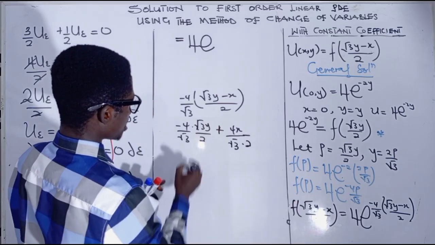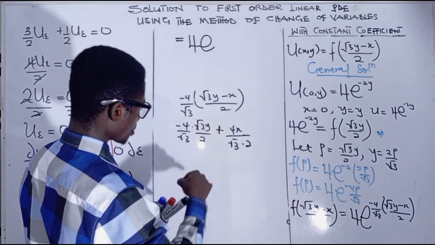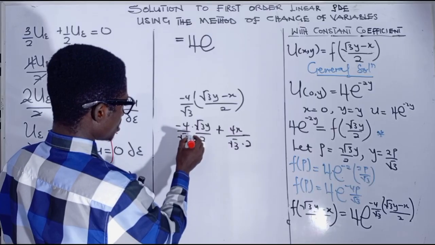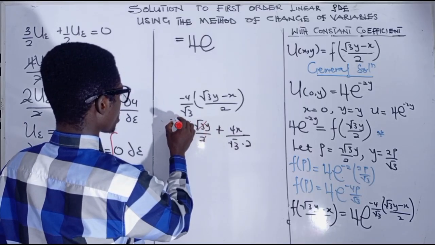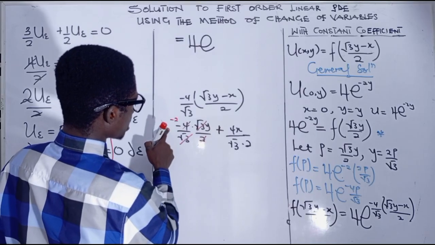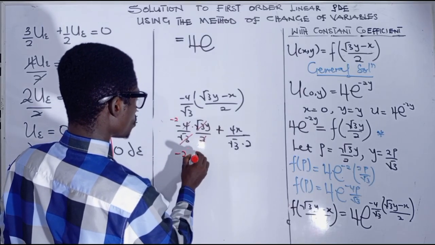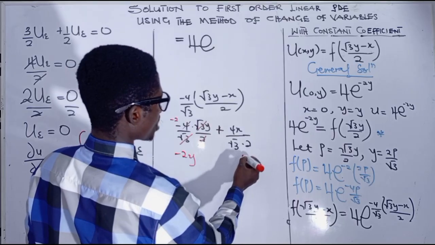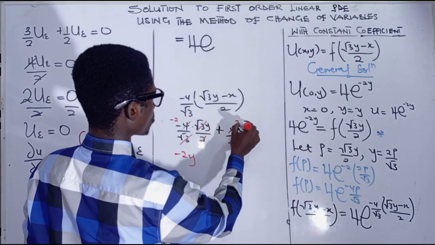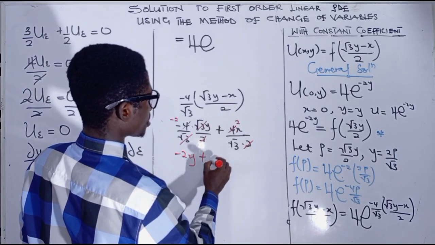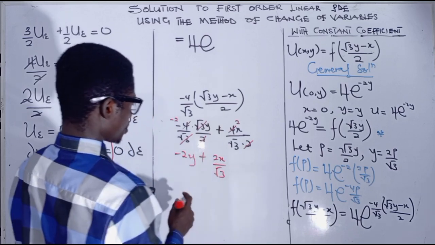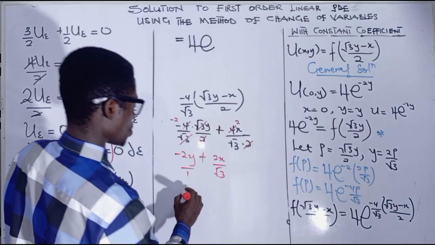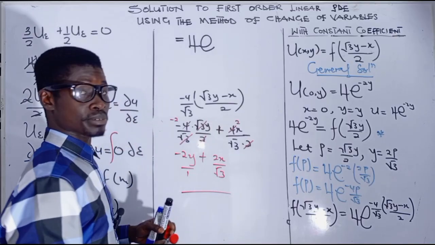From here we can see that this root 3 will cancel this root 3, and these two will cancel, giving negative 2. So at the end we have negative 2y, and from here we can see that the 4 and 2 will cancel, leaving 2. Then we have plus 2x all over root 3. At this point we can find the LCM and simplify further.